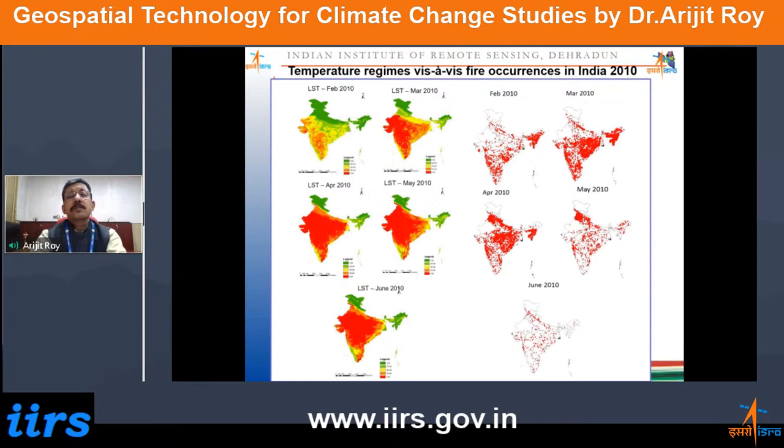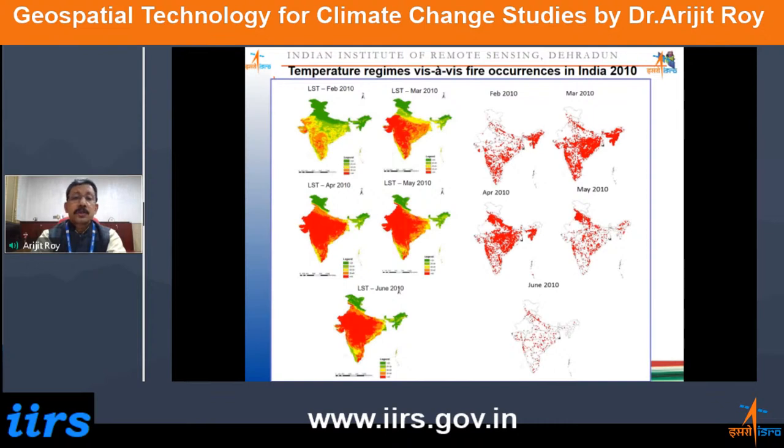So you can see this is basically the data of 2010, although we have been doing this for all the years. You can see that the land surface temperature across the country in January is basically low, and the temperature is significantly high in the southern region.